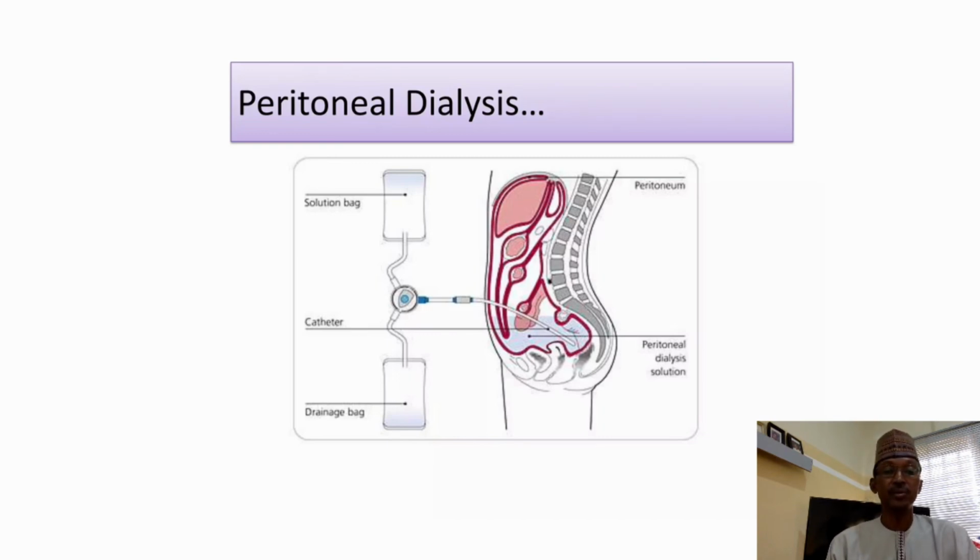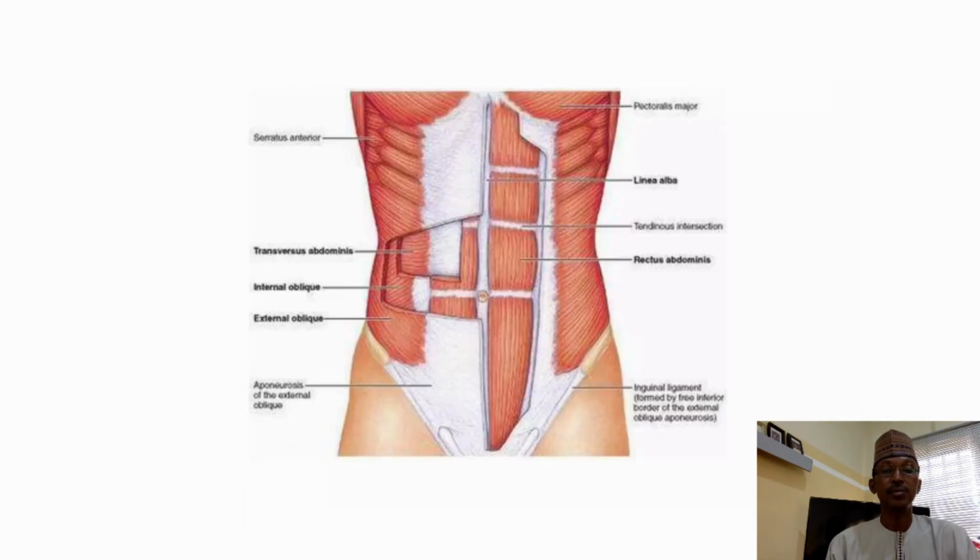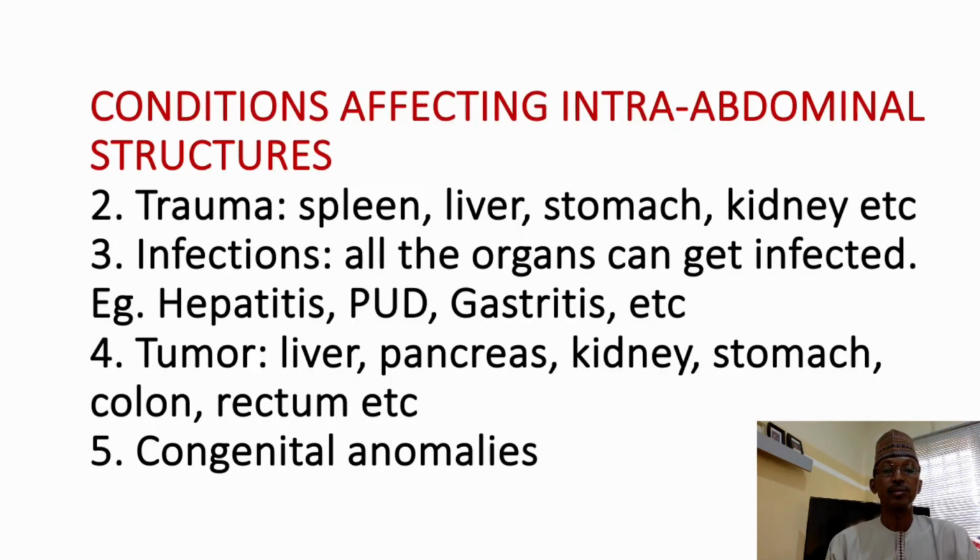Again, there are certain conditions that affect the intra-abdominal structures, like trauma. That means when we talk about trauma in medicine, we're talking about either a domestic accident or a road traffic accident.